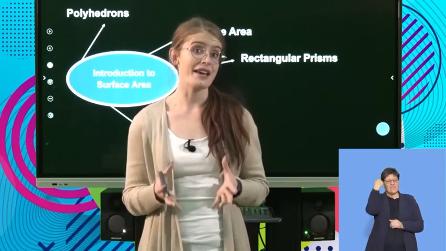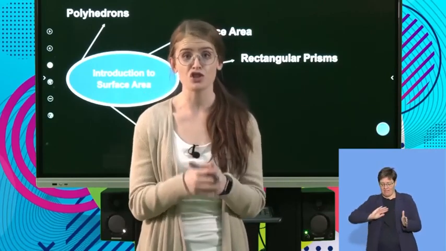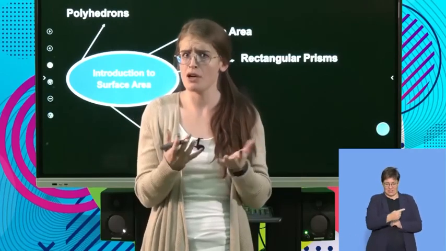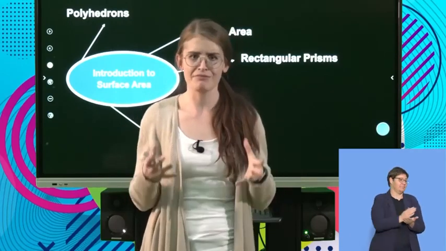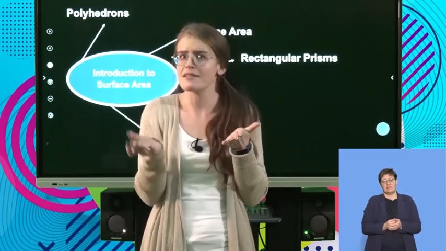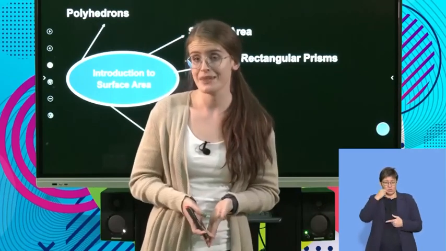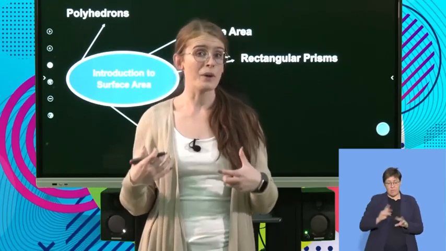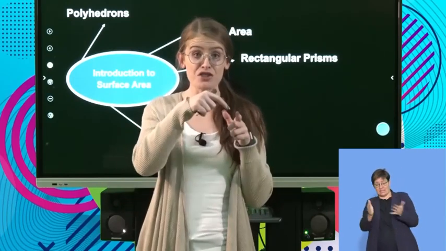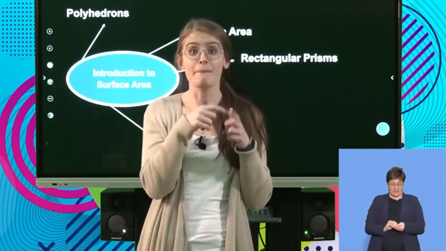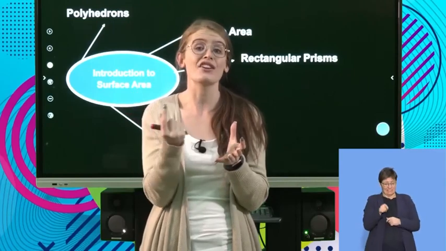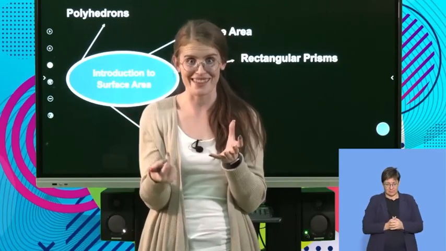The different faces of a 3-dimensional shape, we can refer to as the surface of the shape. So I'm sure you would say that there are surfaces that make up a box of chocolates. And the surface area is where we take the area of each face that makes up the entire figure, and we add the areas of the individual shapes together.